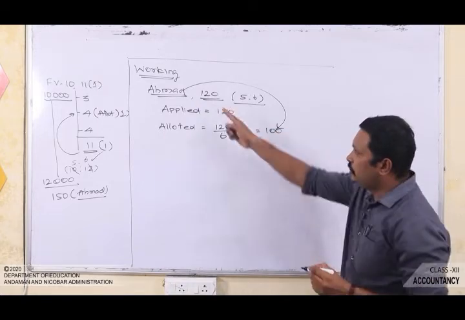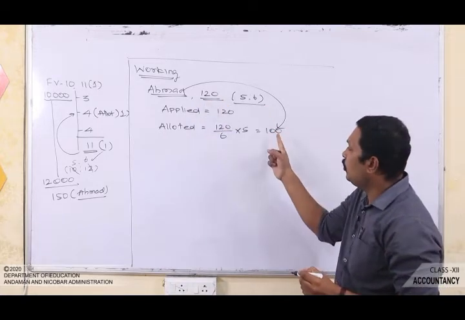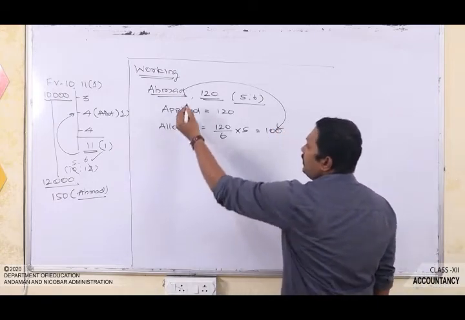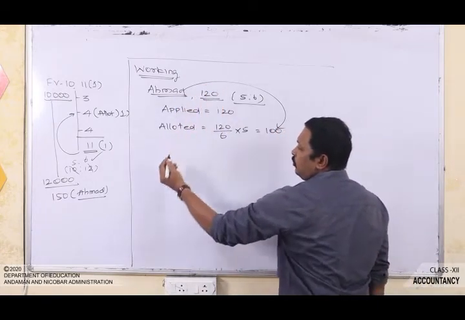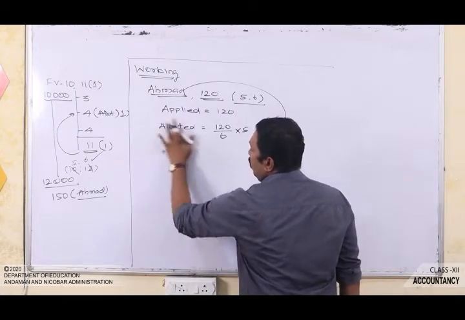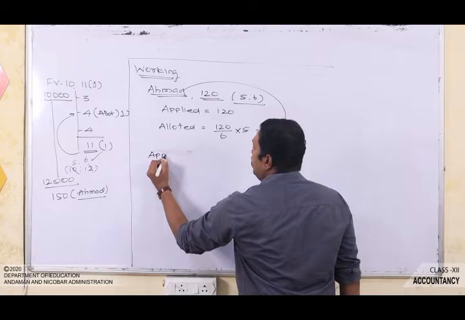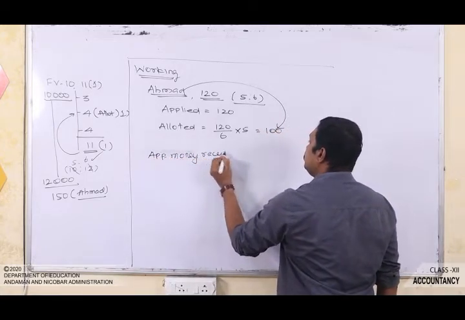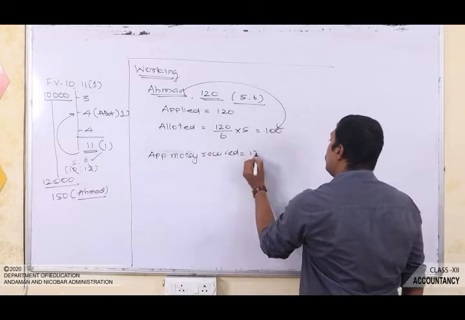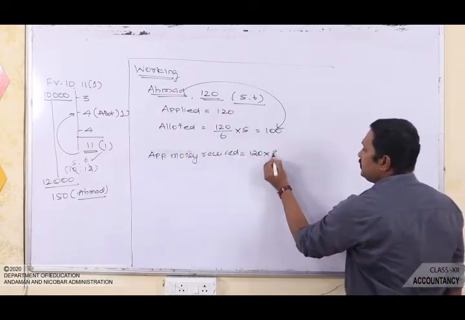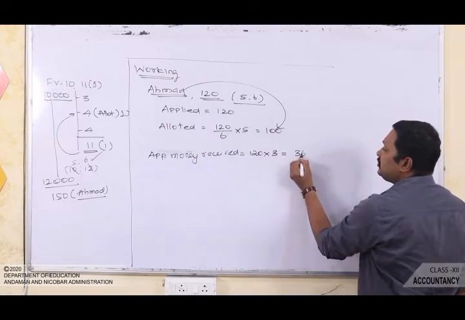He applied for 120 shares, but the company allotted only 100 shares. Now, if Hamid applied for 120 shares, he might have sent money, no? How much application money received? 120 into, what is the application money? 3 rupees. So he might have sent 360 rupees.